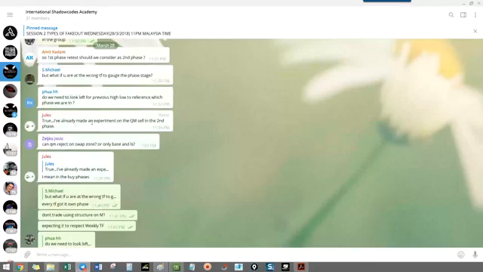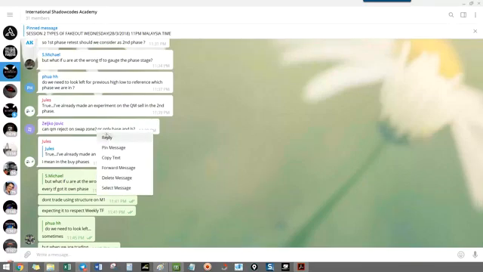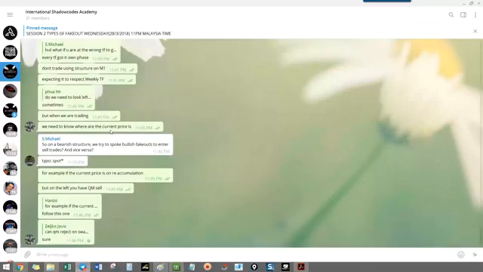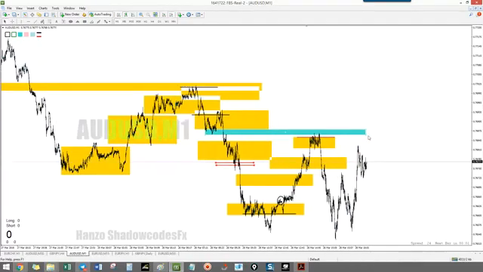Have I already made an experiment on QM sell in the second phase? Yes, QM sell on the second phase is quite good, depending on your accumulation or redistribution. Can QM reject on a swap zone, or only on a base? Sure. For example, over here, QM rejects on a swap zone.